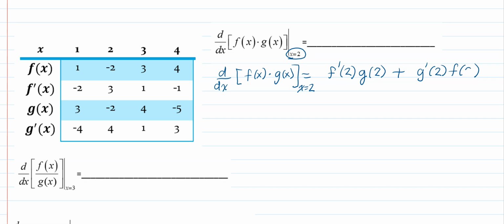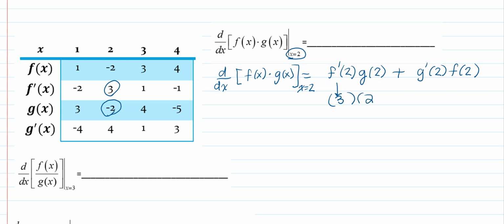So now we look across to our table. The derivative of f evaluated at 2, meaning when x is 2, the derivative is 3. So that number right there is 3. Multiplied by when x is 2, g of x is negative 2.